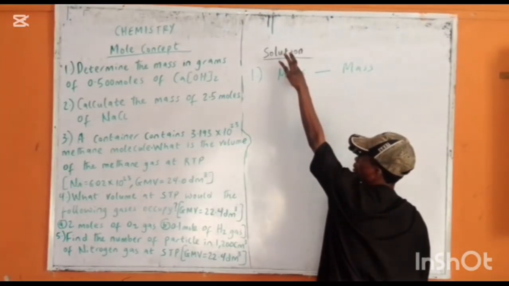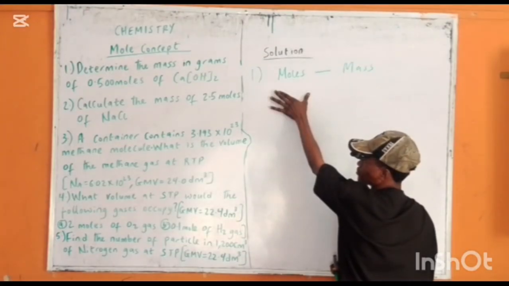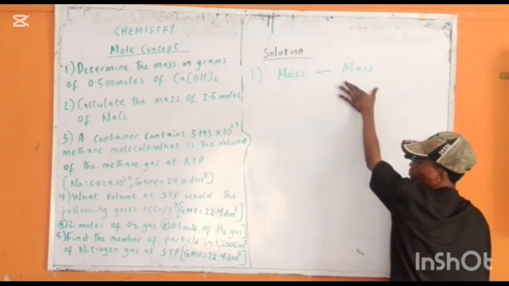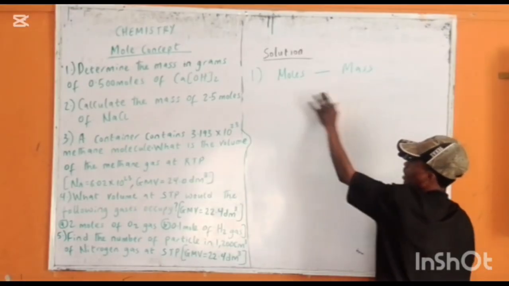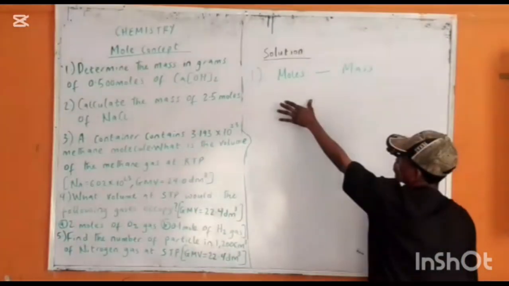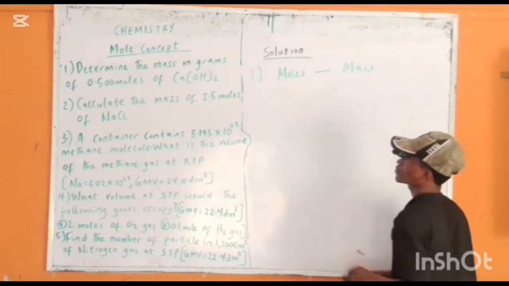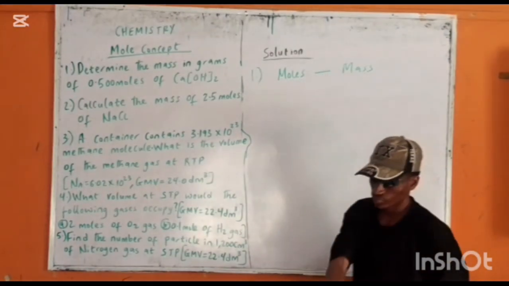My 1 mole here, I put it here. And my 1 mole here, I put it here. My 1 mole here, I leave it as mole. My 1 mole here, I converted it to what? To mass. That is for number 1.